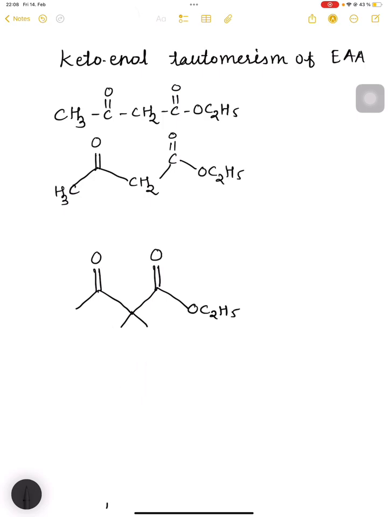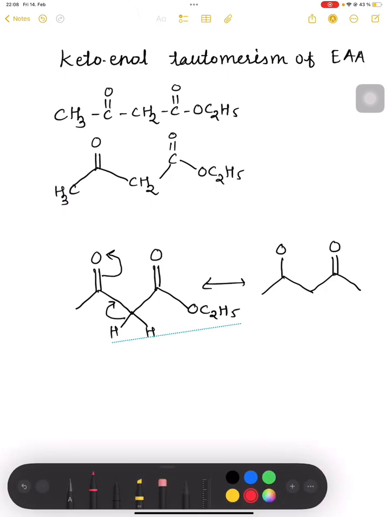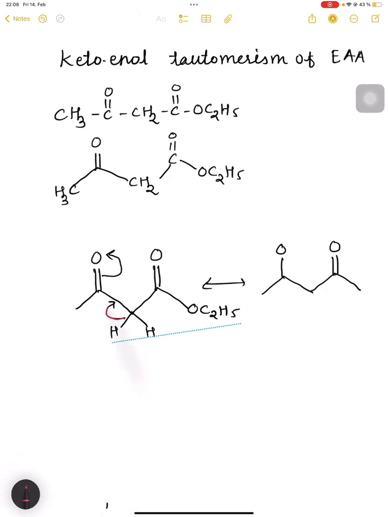Here are two hydrogens. Now one of the hydrogens is transferred here, so it shows keto-enol tautomerism. As this bond comes here, there is a double bond.